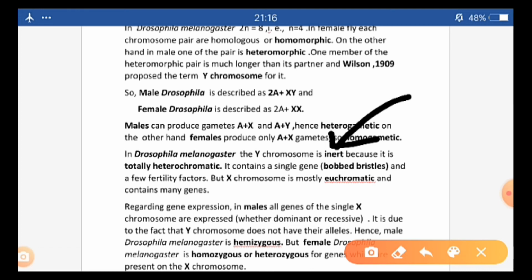These X chromosomes are euchromatic and they are made up of unique base sequences. Due to this property, X chromosome is active, whereas Y chromosome is inert, and Y chromosome's inertness is only due to its heterochromatic nature, because that one is made up of repetitive DNA sequences. Clear? Okay.